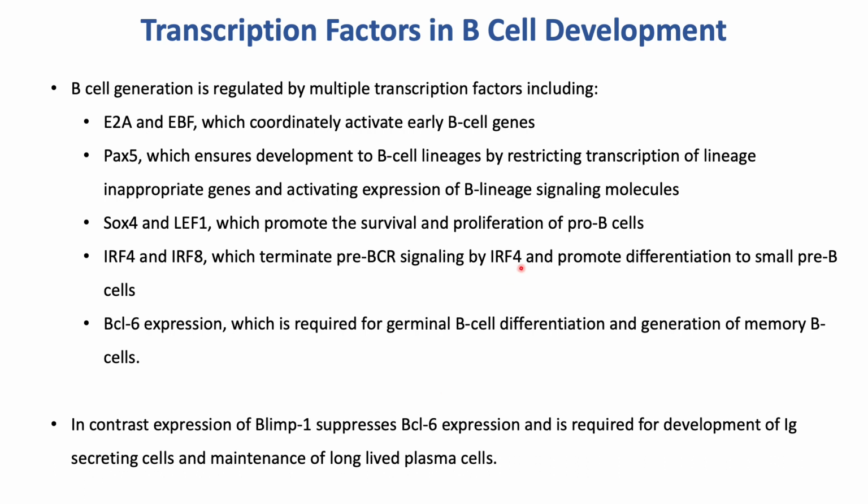There are also several transcription factors in B cell development. B cell generation is regulated by multiple transcription factors, including E2A and EBF, which coordinately activate B cell genes. PAX5 ensures B cell development along B cell lineages by restricting transcription of lineage-inappropriate genes and by activating expression of B lineage signaling molecules.